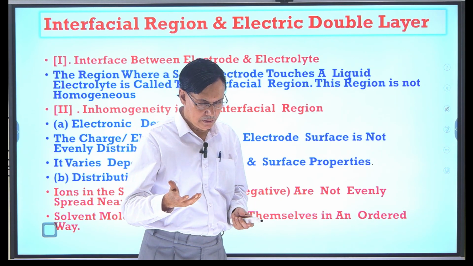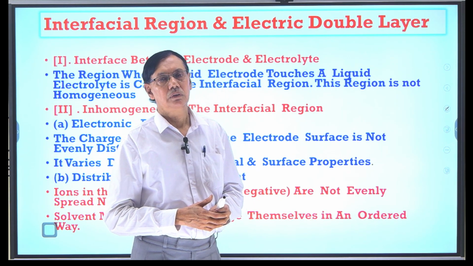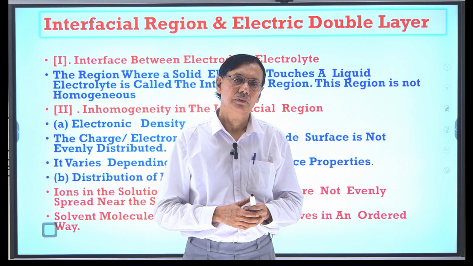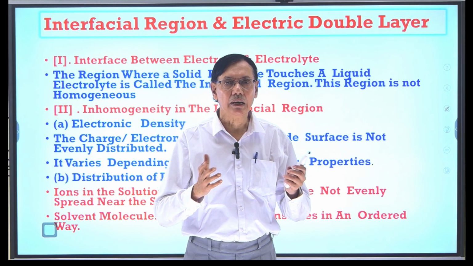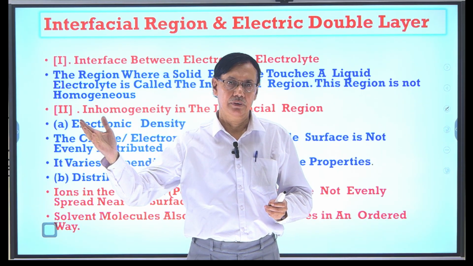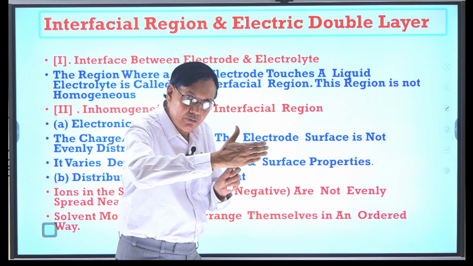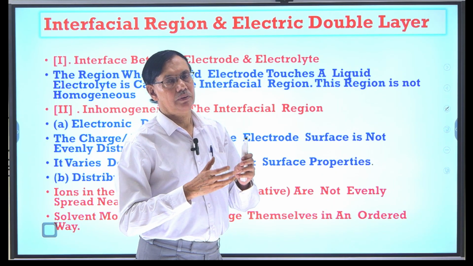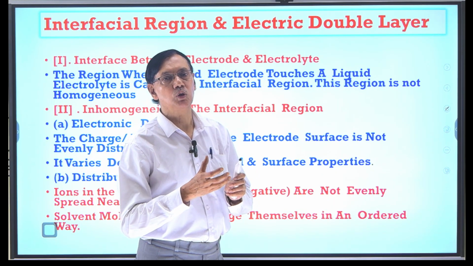Sometimes it is called the Helmholtz ion plane, but sometimes inner plane. And another is the Helmholtz outer plane, which is away from that electrode, and there is a process of ion solvation.